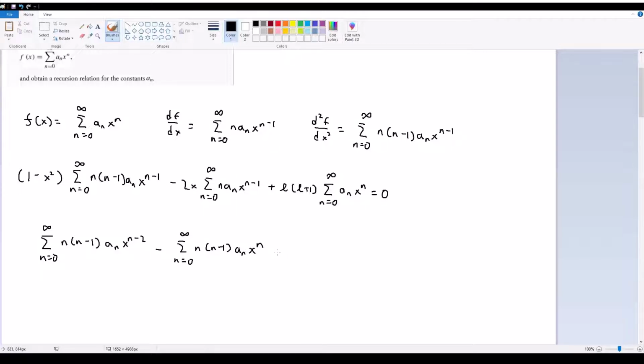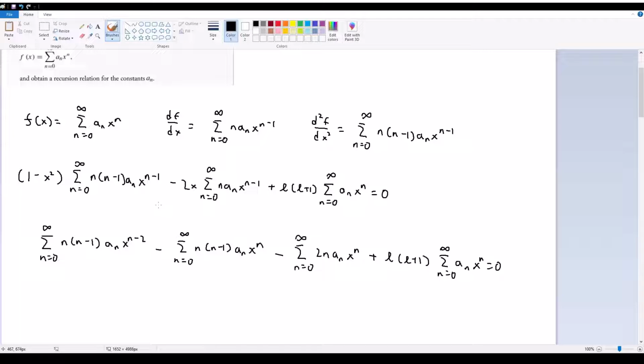And then we're going to subtract the summation of n equals 0 to infinity of 2n a_n x to the power of n. We're going to add l times (l plus 1), summation n equals 0 to infinity a_n x to the power of n is equal to 0. So pretty much all I did here is I just used distributive property and I moved some stuff around to get this new form.